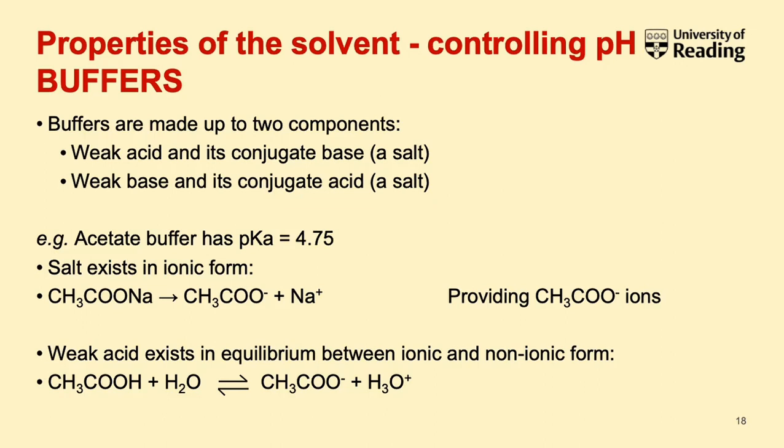This means they can shift the equilibrium of the weak acid when a strong acid or base is added. So this movement between the ionized and the unionized form allows it to buffer the system and control the number of hydrogen ions and ions that are in the system.